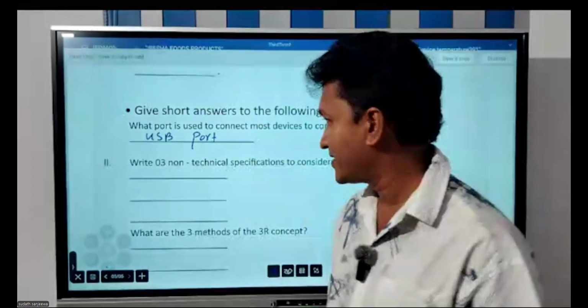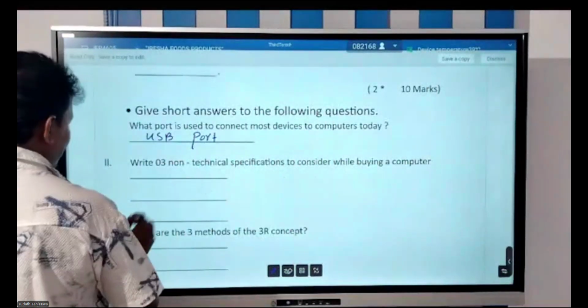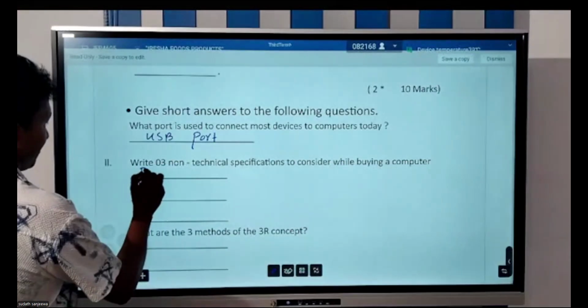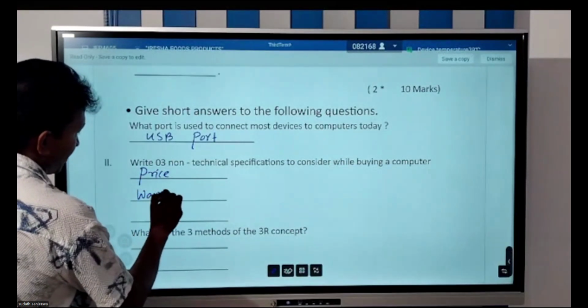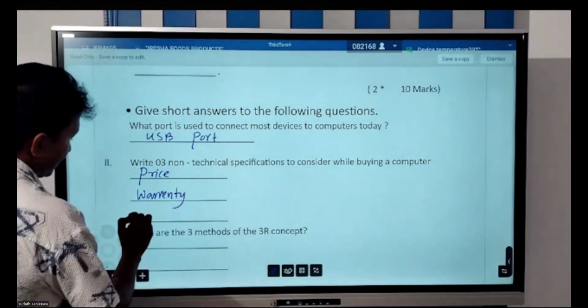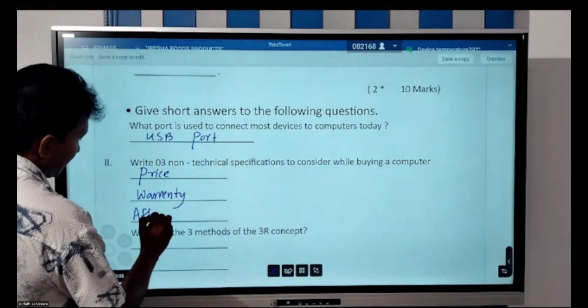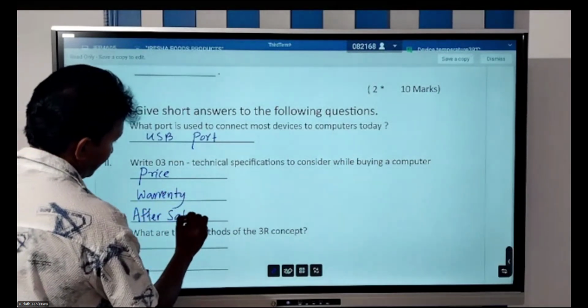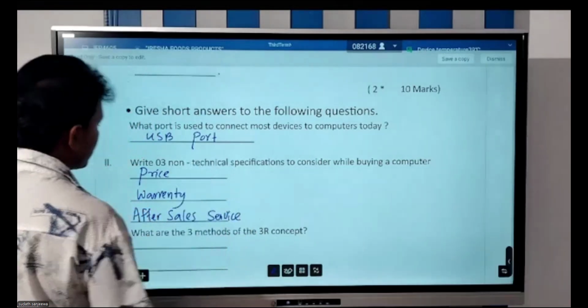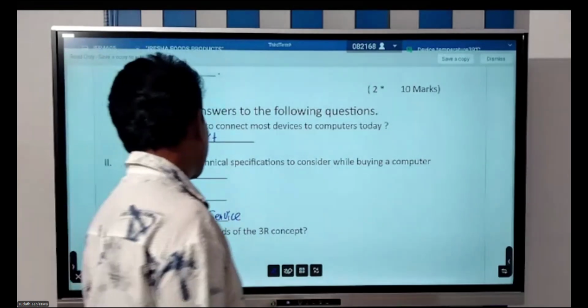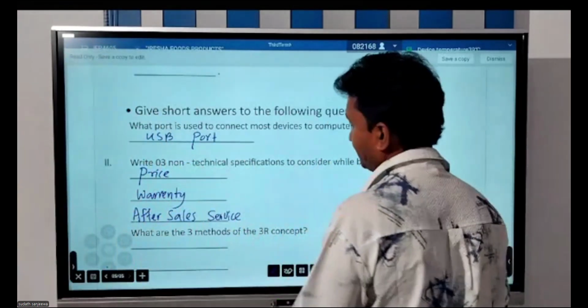Sales service. Price, warranty, after sales service. Those are non-technical specifications, right?